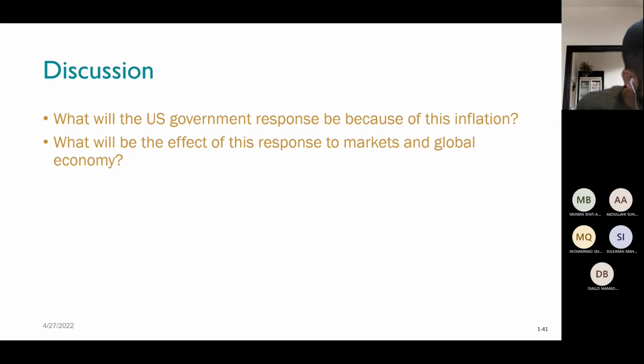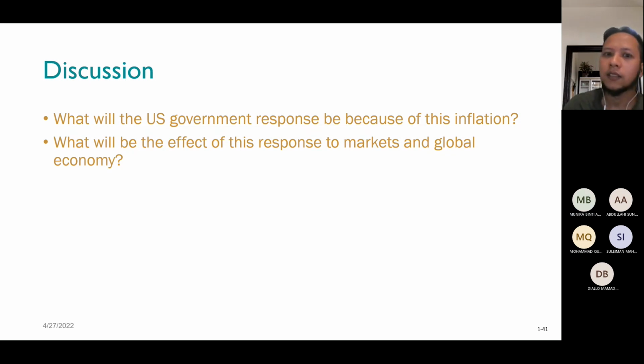Yeah, maybe the US government can set minimum wages, because if the wages are too low, people will have lower purchasing power.